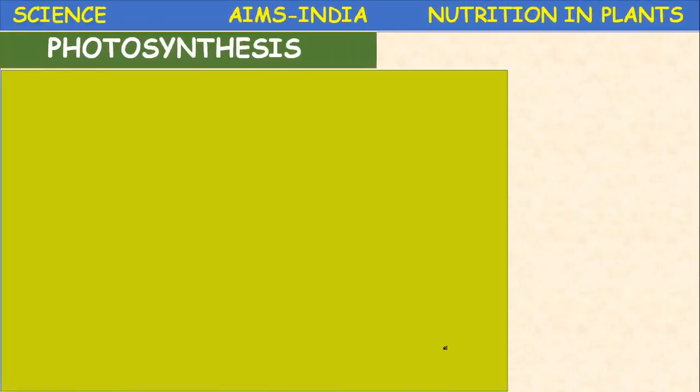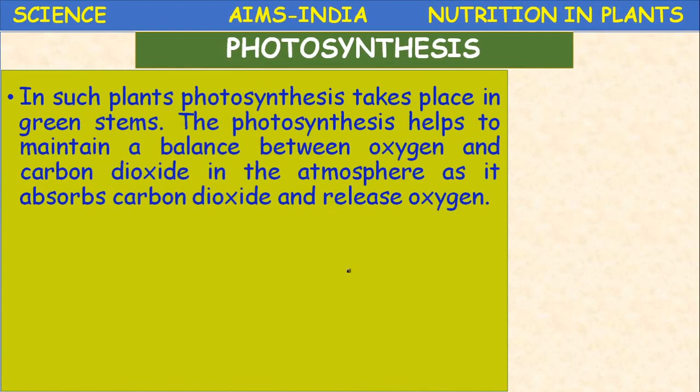Next, further discussion of photosynthesis. In such plants, meaning desert plants, the photosynthesis takes place by green stems. The photosynthesis helps to maintain the balance between oxygen and carbon dioxide.